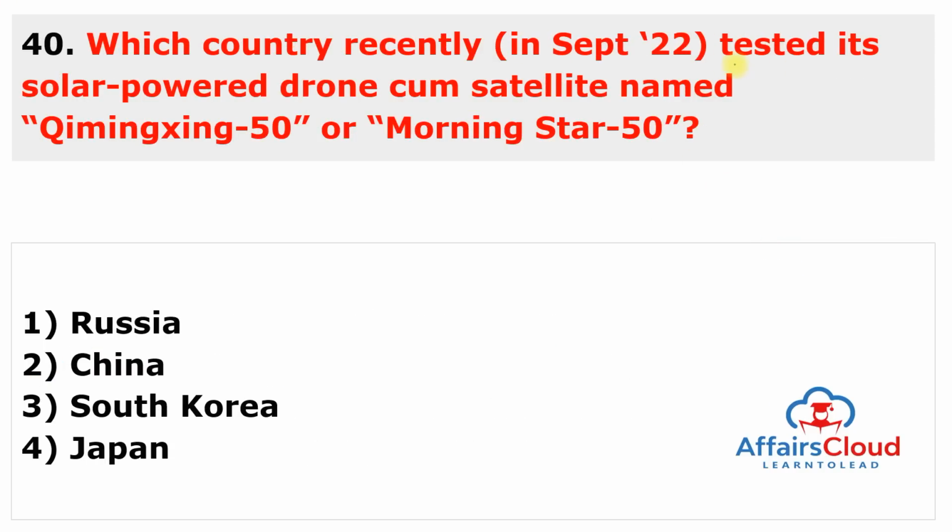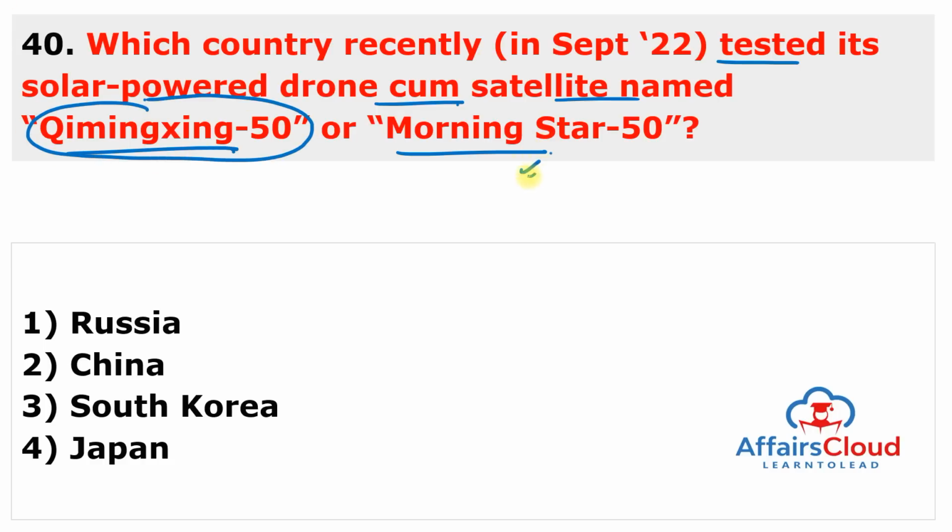Next is, which country recently tested its solar powered drone cum satellite named Kunming 50 or Morning Star 50? The keyword under this question is Kunming 50, also known as Morning Star 50, and this is the country of China. So the answer of this question is 2. China has successfully tested the first fully solar powered unmanned aerial vehicle, or drone, named Morning Star 50, which can fly uninterrupted for months and can function even as a satellite if required.